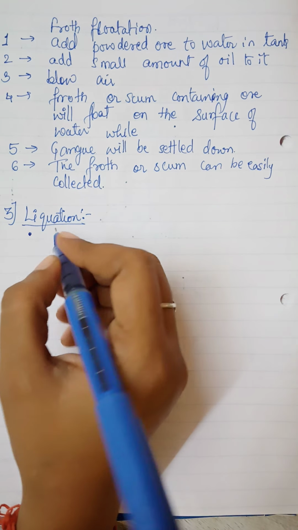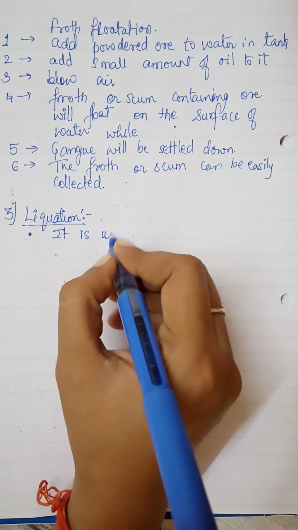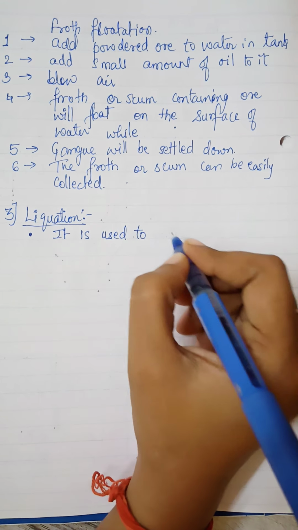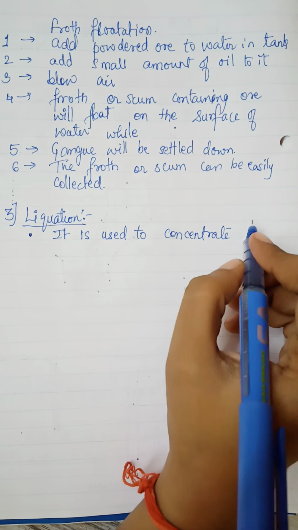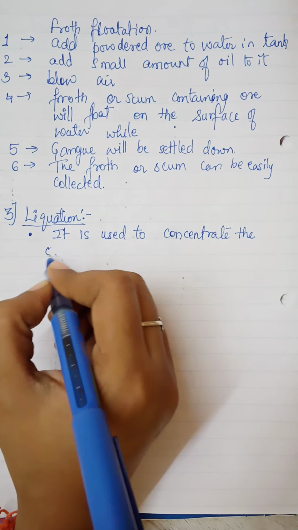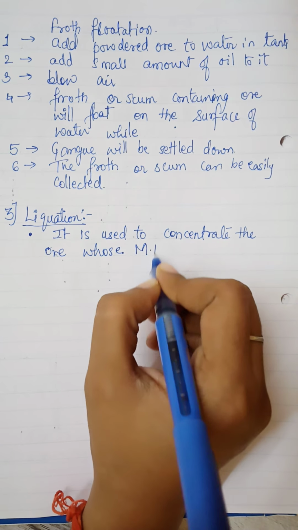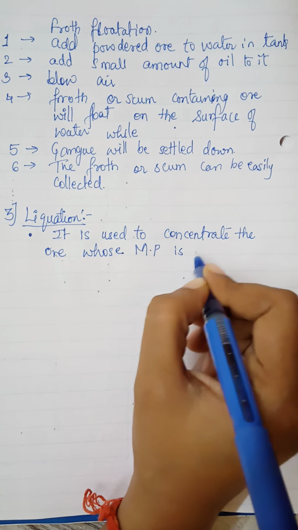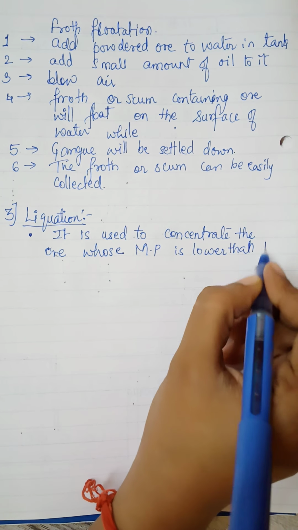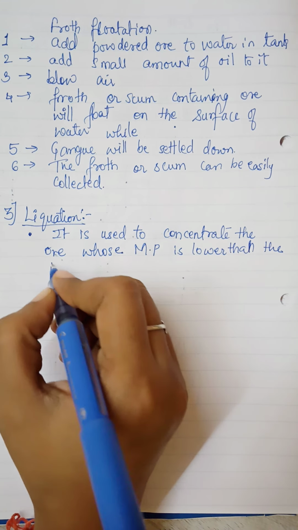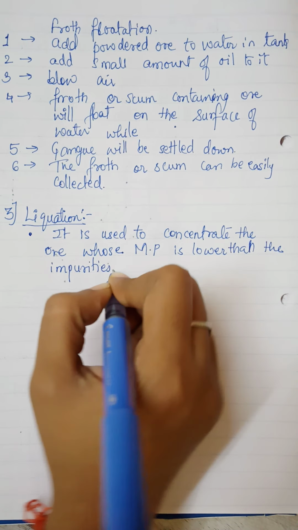The first point is it is used to concentrate the ore whose melting point is lower than the impurities. If it is lower than the impurities, it can be used easily.